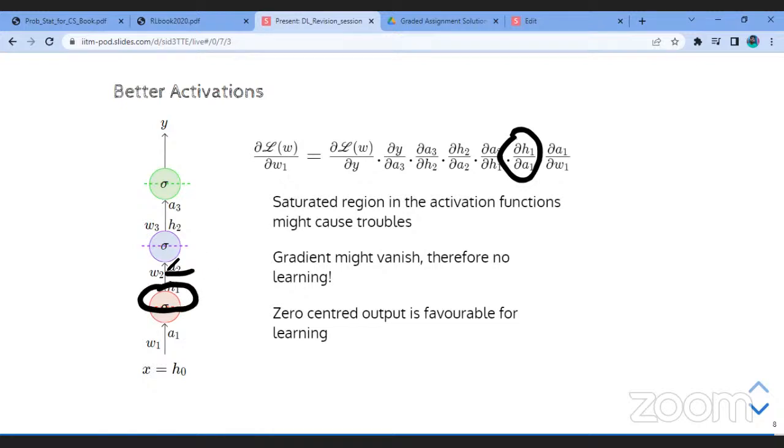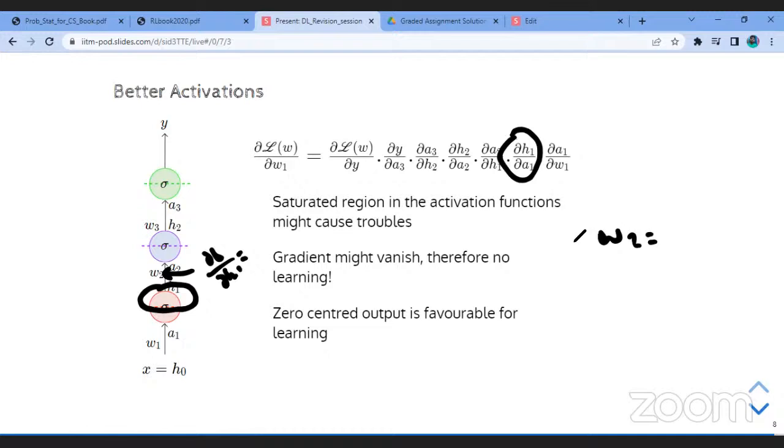Suppose that my gradient ∂L/∂W2 or ∂L/∂H1 is here. Also I need to write the update rule for this W2.